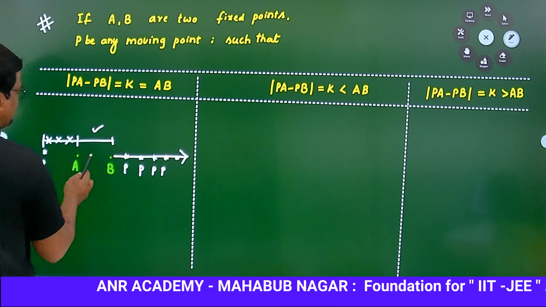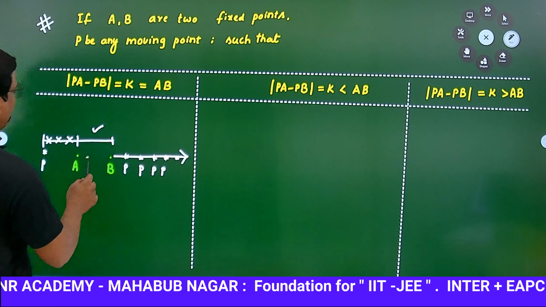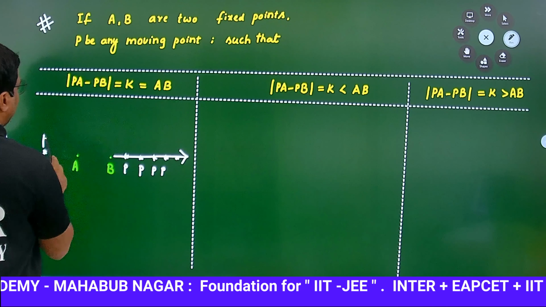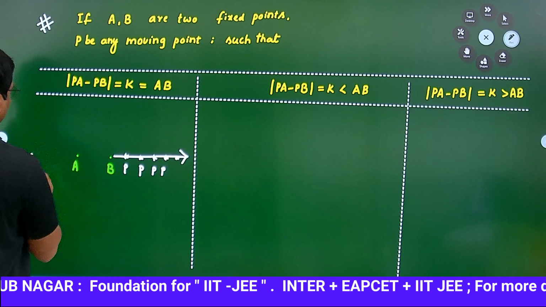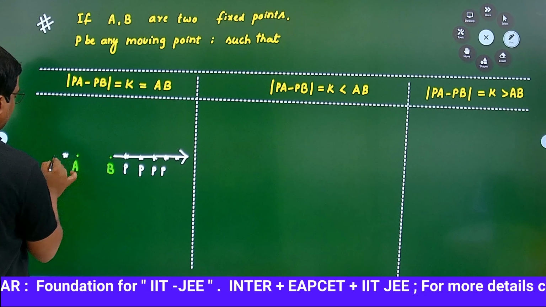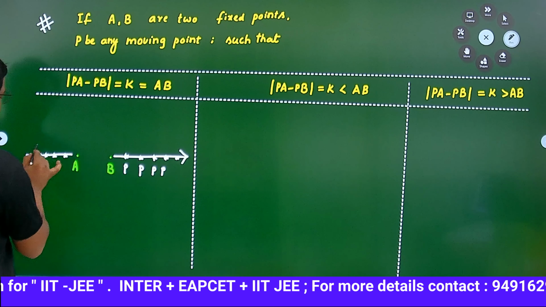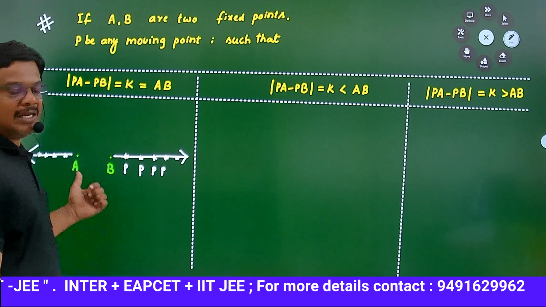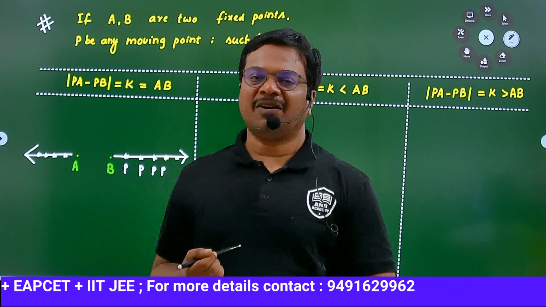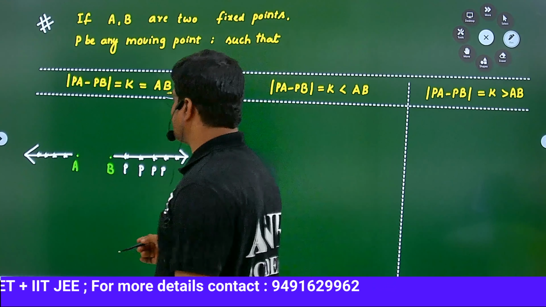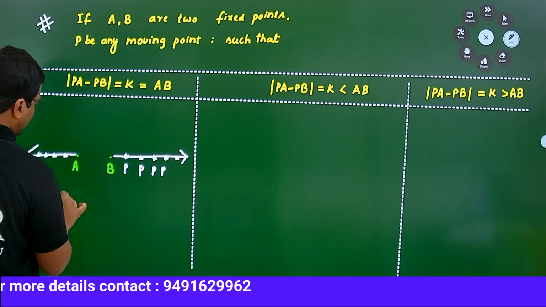So the points which are collinear with AB and left side of A also satisfy the same condition, and hence such points I am going to draw, this one, this one, this one. So joining all these we get left hand side and right hand side, two opposite pair of rays exist in this case. And remember that the points are collinear.